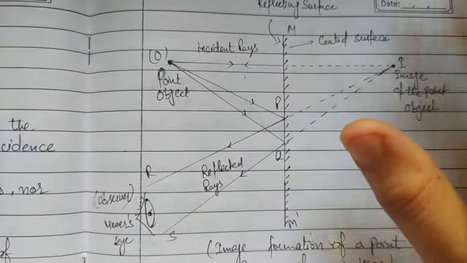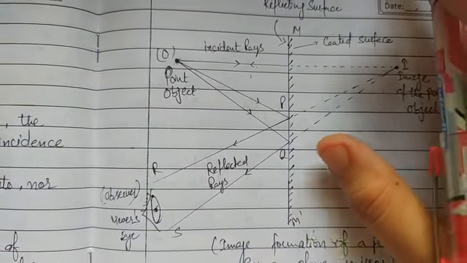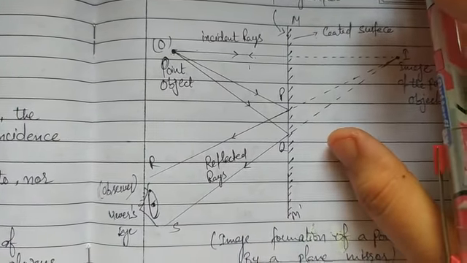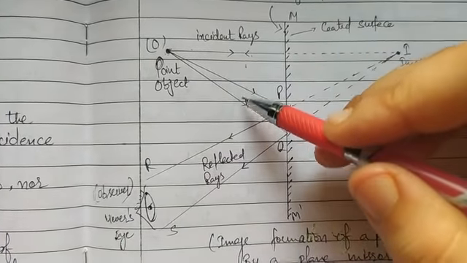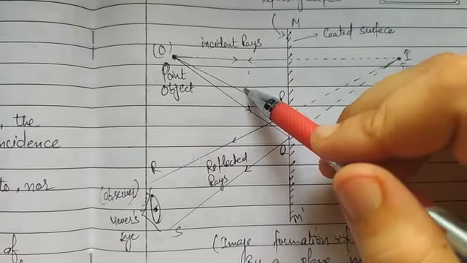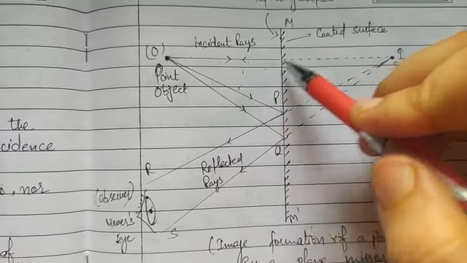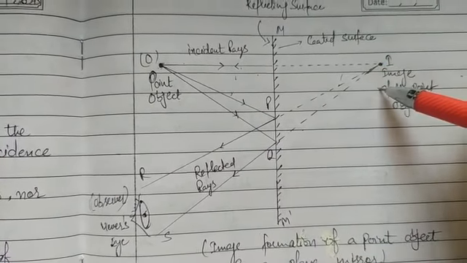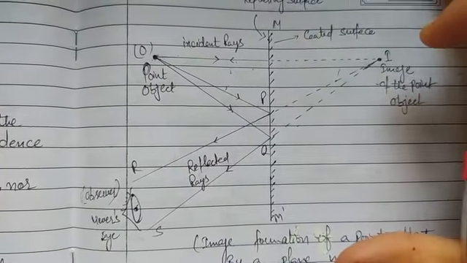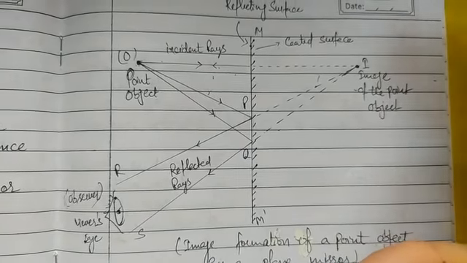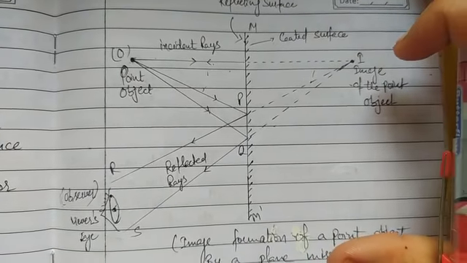When light falls on any object, light rays will come from all points of that object. But here we have considered only 2 or 3 rays of light that we want to show to draw the image of the object. Learn it very carefully, how to draw the image of an object.